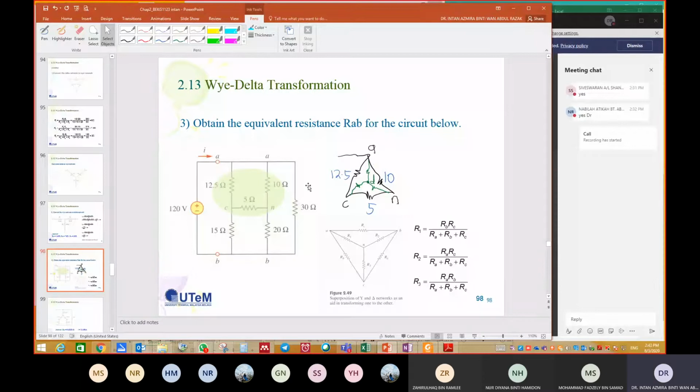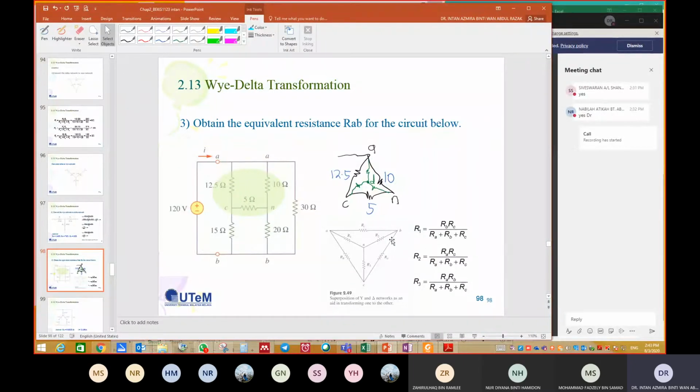The next step is to draw a Y connection inside the delta, and then you name the R inside the delta as R1, R2, R3, or RA, RB, RC, up to you. The formula is here.